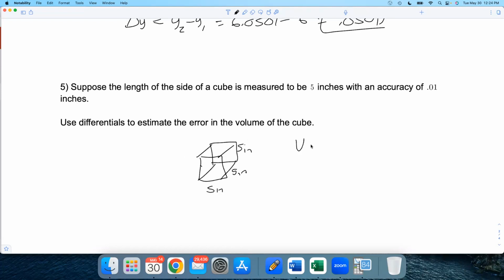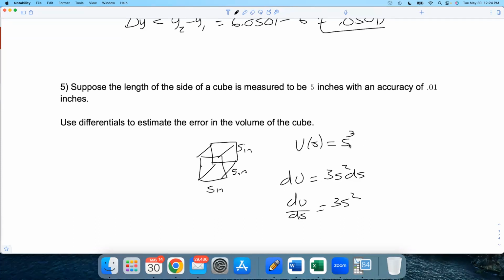So volume of a cube as a function of the length of a side, that's an S, is S cubed. So dV, taking the differential of both sides, will be 3S squared ds. Or another way of saying that is dV/ds, the derivative of this guy with respect to S, is 3S squared.